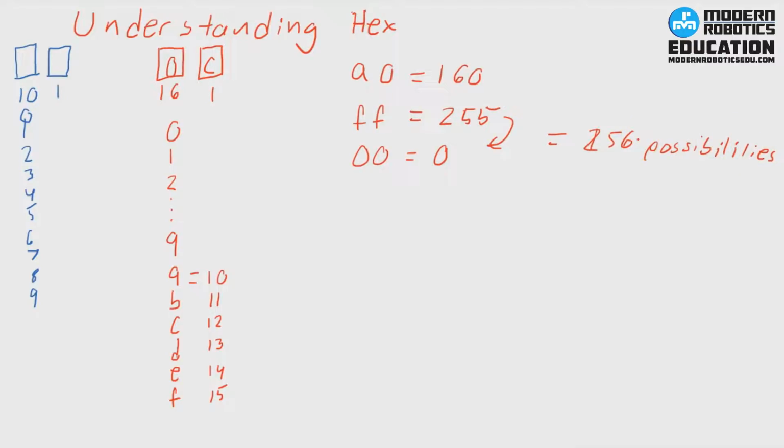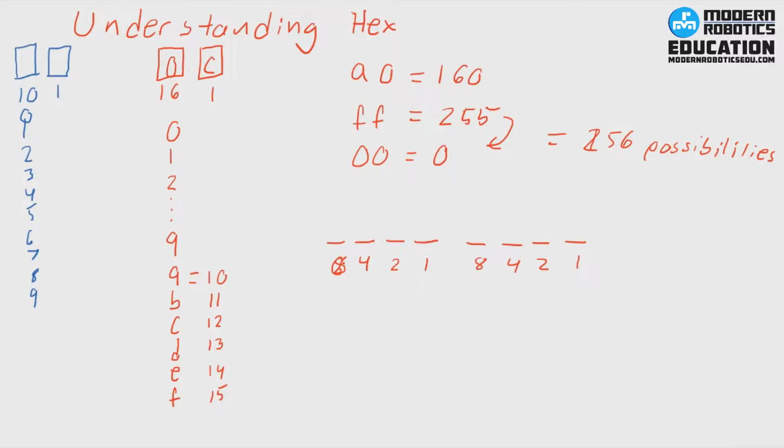And what's neat about this is that it fits into a binary system. Here, 16 is a 4-digit system in binary. So we have 1, 2, 3, 4, and 1, 2, 3, 4. This is 1, this is 2, this is 4, this is 8, and again 1, 2, 4, 8.